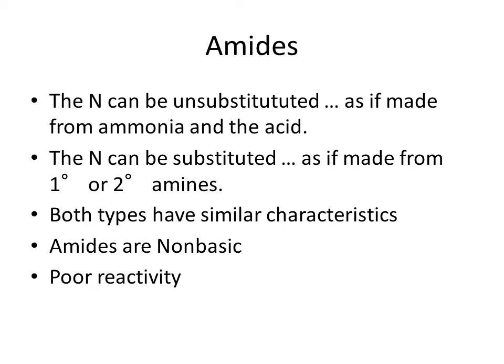That nitrogen, even though it has a non-bonding pair, is non-basic and cannot be protonated, because the non-bonding pair is pulled into the carbonyl by something called resonance. So it does not form hydroxide in water. They're very stable. They do not react easily.